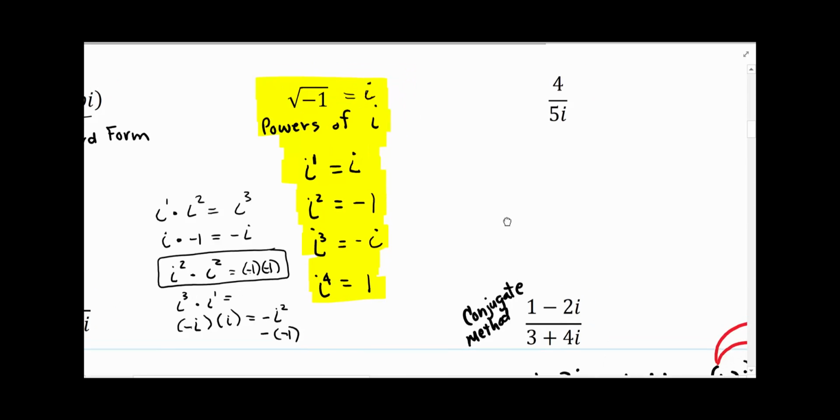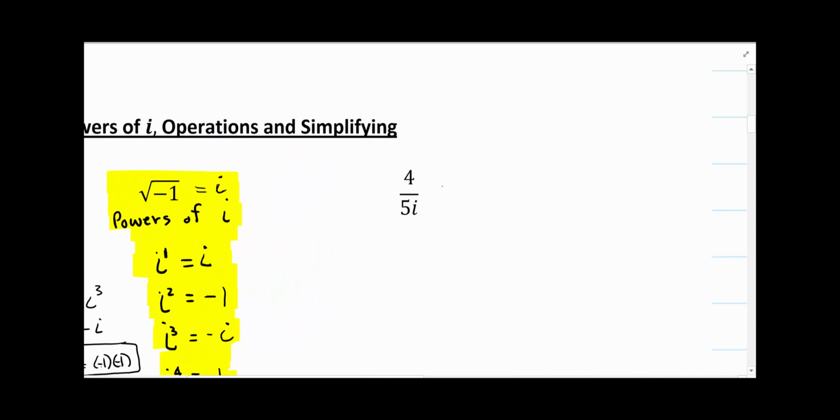All right, so now simplifying complex numbers. Well, if we're dividing, we don't want an irrational number or a non-real number in the denominator. So the way to get rid of that is to multiply top and bottom by i. We don't have to multiply top and bottom by 5 because 5 is real. i is the imaginary piece, or the complex piece. And so then what do we have? 5i times i is 5i squared. Well, i squared is negative 1.